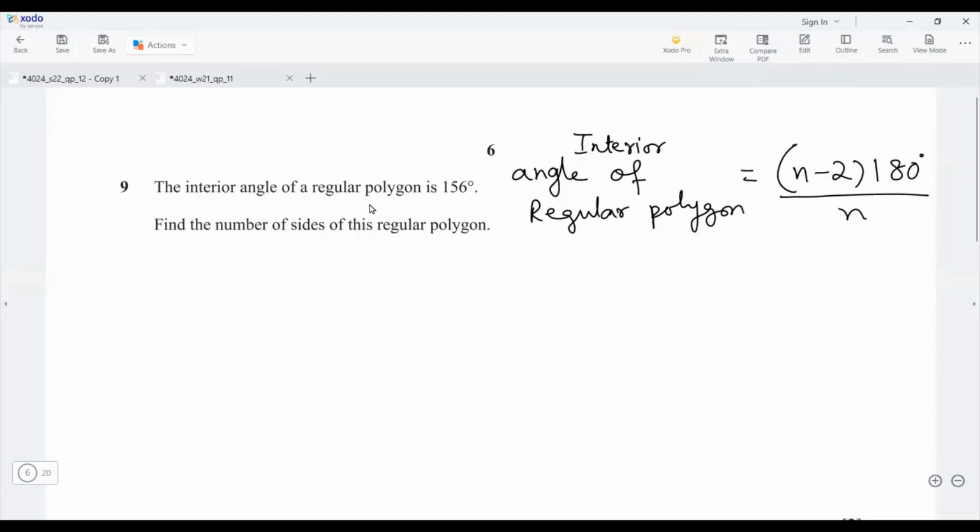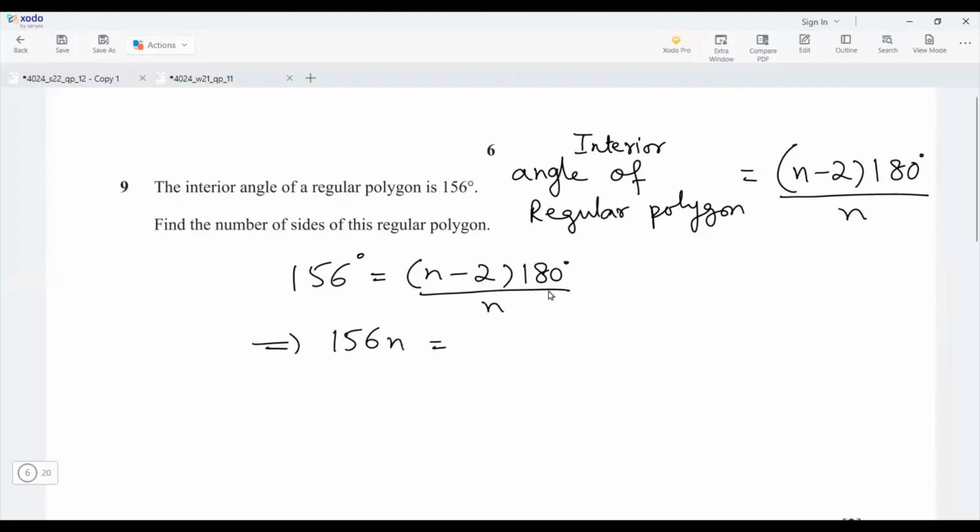So how to solve this? They have given the interior angle. So we replace the interior angle with 156, and we have to find the number of sides n, so 156 equals n minus 2 times 180 degrees divided by n. Now cross multiply: 156 times n becomes 156n, 180 times n is 180n, and 180 times 2 is 360.